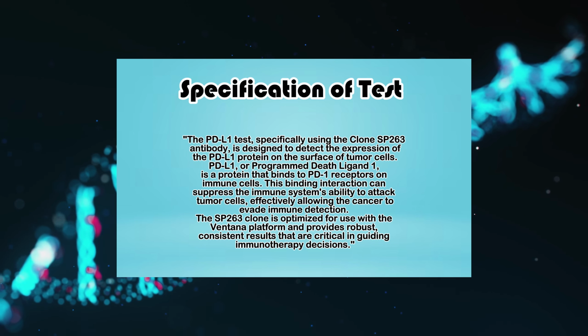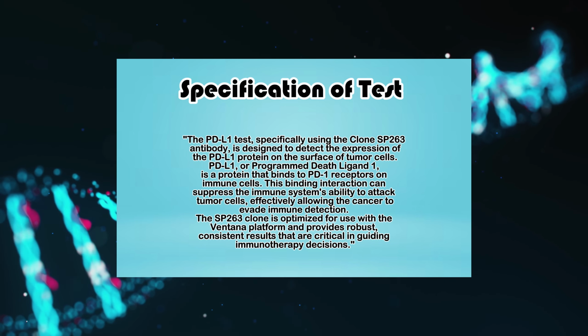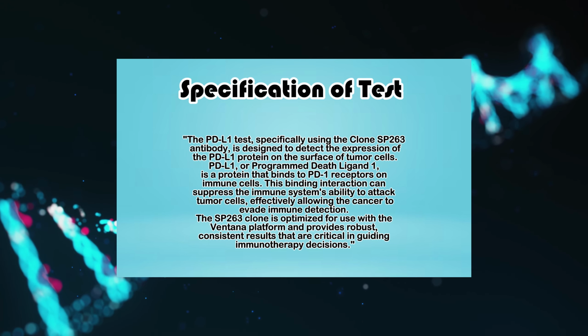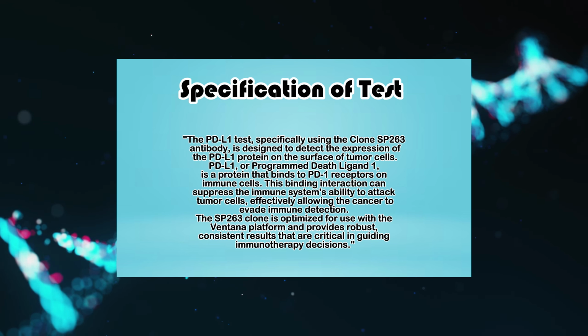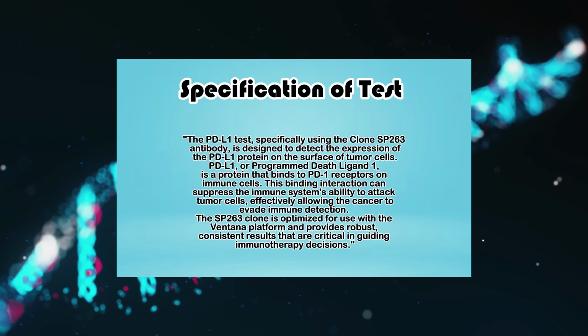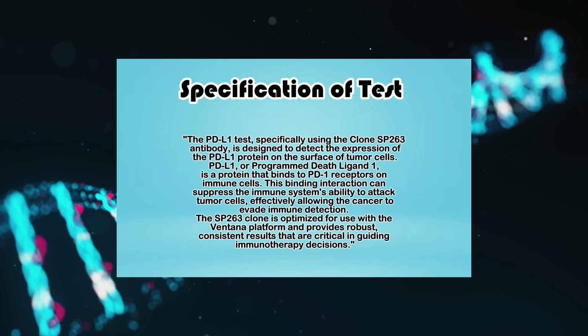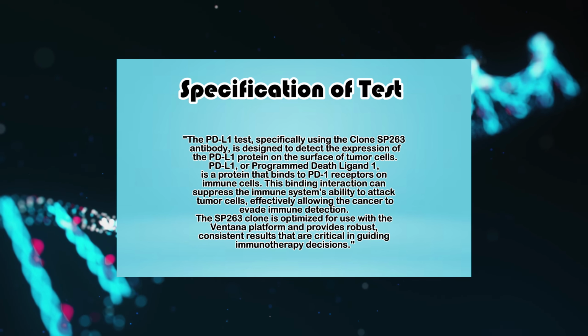This binding interaction can suppress the immune system's ability to attack tumor cells, effectively allowing the cancer to evade immune detection. The SP263 clone is optimized for use with the Ventana platform and provides robust, consistent results that are critical in guiding immunotherapy decisions.